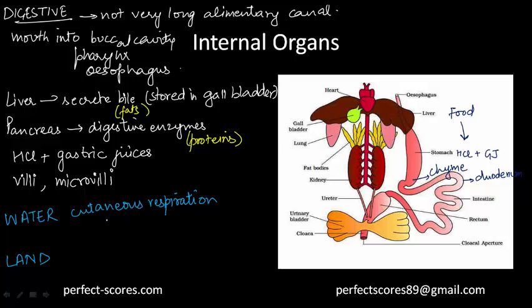Additionally, one important thing about the cutaneous respiration when the frog is in water is that the dissolved oxygen in the water enters the skin by the process known as diffusion. As I told you, on land it has lungs, and obviously the buccal cavity is there, and also the skin.